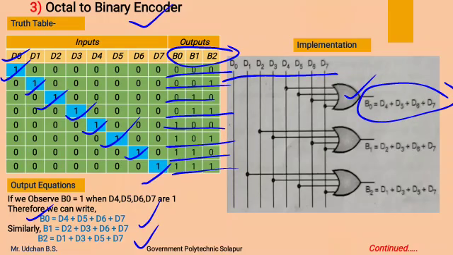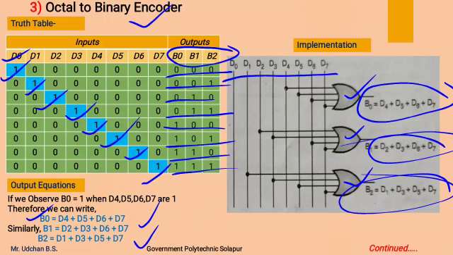To get B1 another OR gate is used, to which D2, D3, D6 and D7 lines are connected to get the B1 output. And to get B2 another OR gate is used, to which D1, D3, D5 and D7 lines are connected to get the final B2 output. This is how we can design an octal to binary encoder.